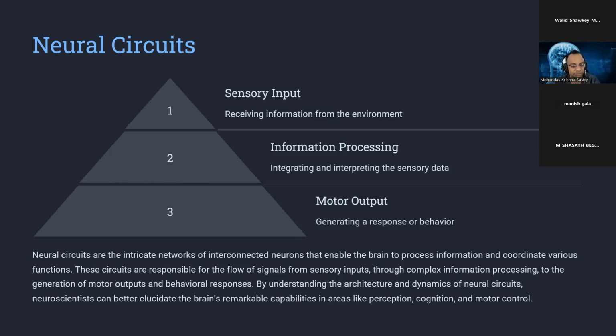That is the important part we have to understand today. There is a neural circuit for receiving information from the environment and processing it. This is integrated to interpret the sensory information and motor output, generating a response, your behavior.